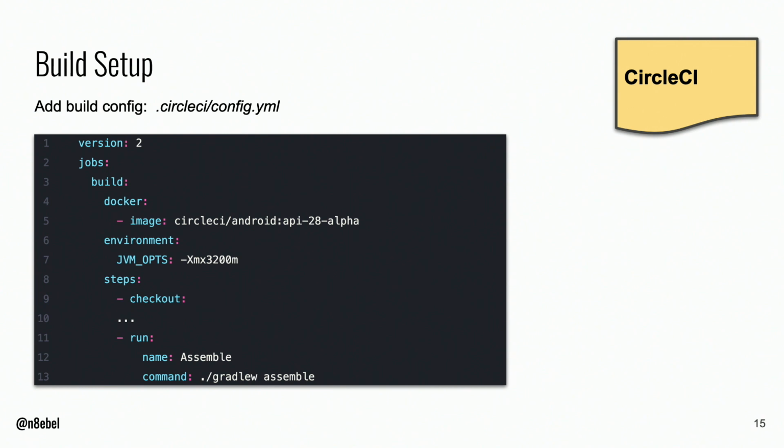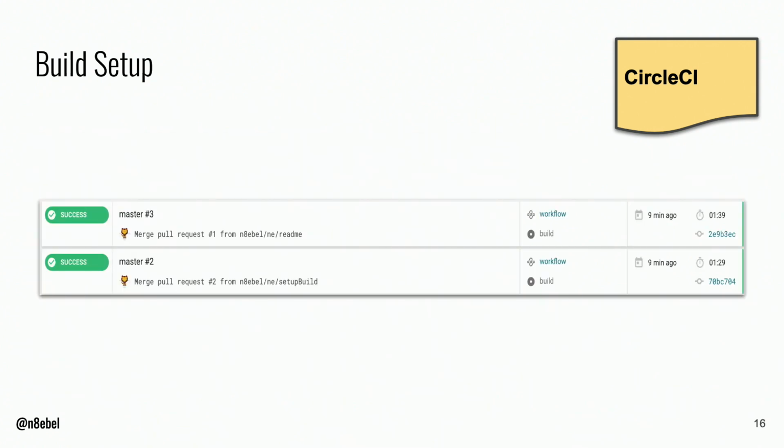And now every time you push a commit or you open up a pull request, your project is going to start automatically building whatever tasks it has. In this case, the only task we have is that bottom run task. We're just going to run our Gradle command with the assemble task. And so that's going to assemble our app. And that's it. Really, at that point, we'll start seeing these build messages every time we make changes to the code.